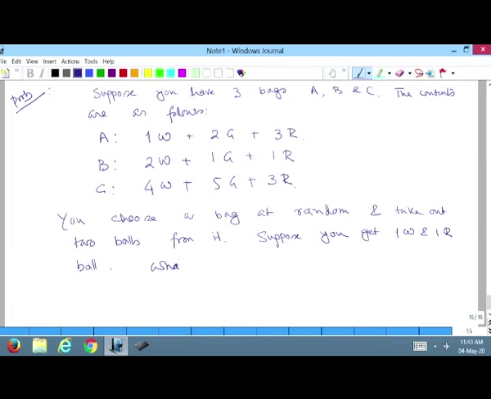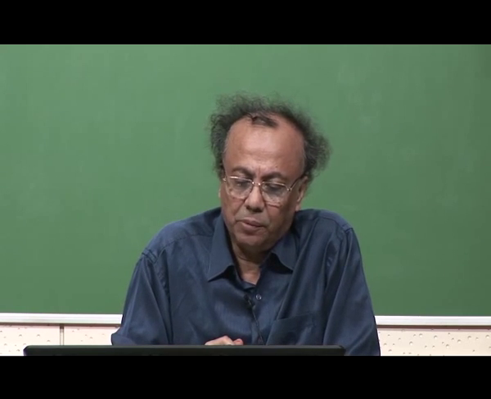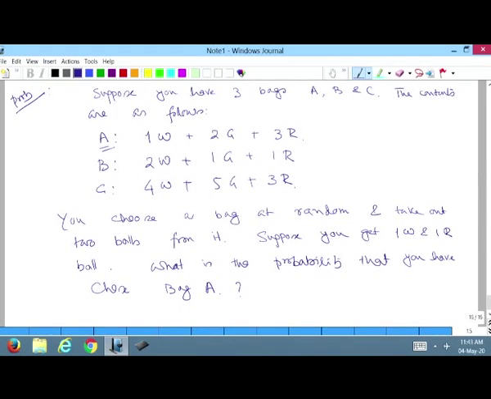What is the probability that you have chosen bag A? Again you understand that we are computing the a posteriori probability of bag A, given that you have chosen 1 white and 1 red.